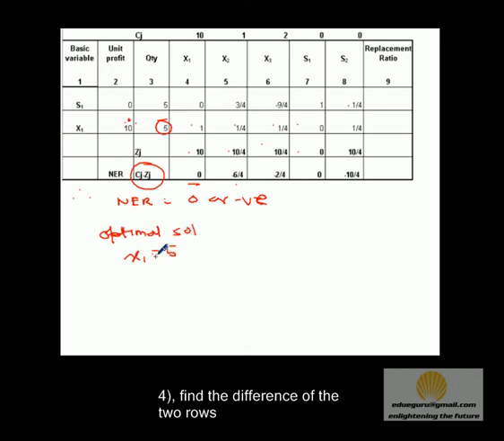X1 is equal to 5, X2 is equal to 0, X3 is equal to 0. So max Z is equal to 50. That is 10 into 5 plus 1 into 0 plus 1 into 0. Sorry.